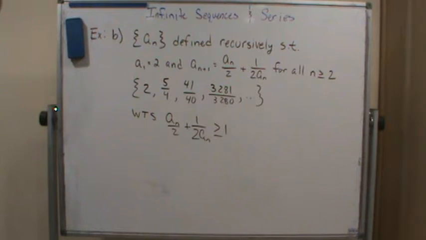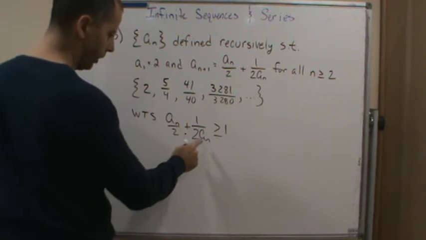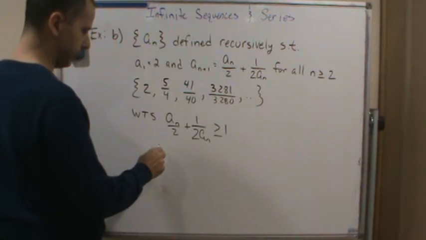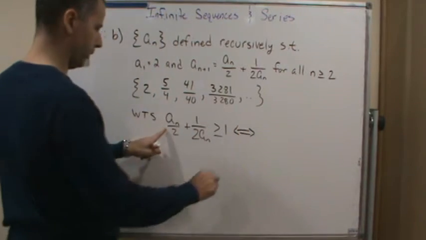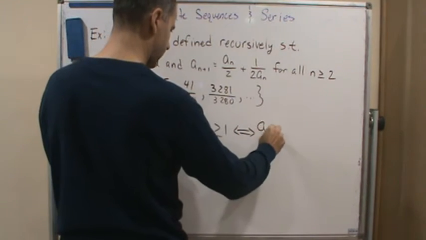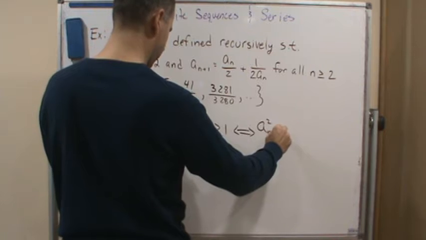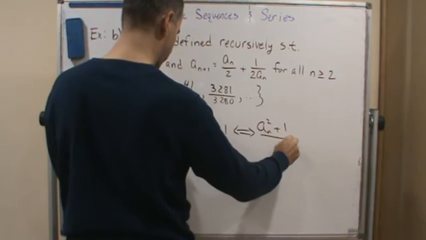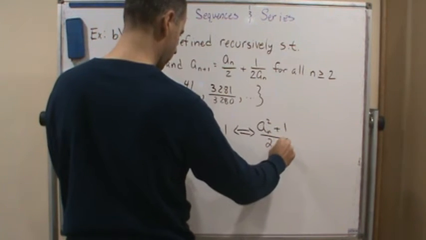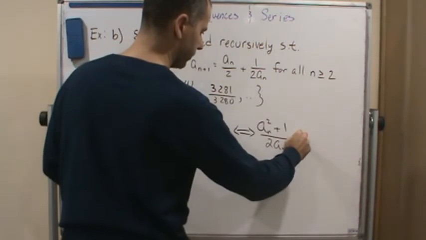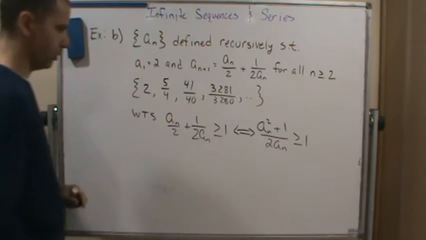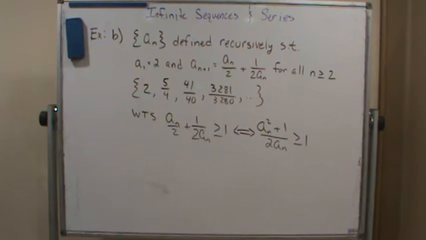Okay, so what I'm going to do is rewrite this with a common denominator. So I'm going to write this as a sub n squared plus 1 over 2 a sub n, and that's going to be greater than or equal to 1. Okay.